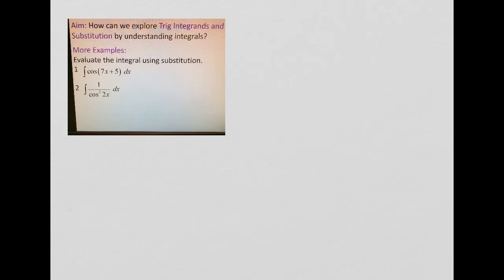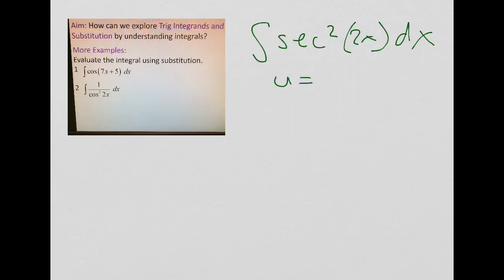So in the last one, what we're going to do is rewrite this as the integral of secant squared of 2x dx. Before we do our u substitution, that's because we want to rewrite our fractions, just like we've done with other problems.